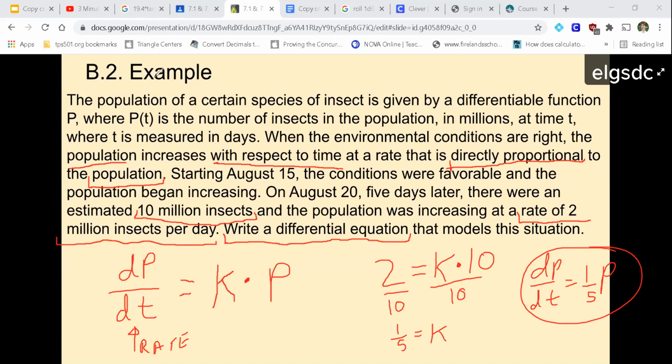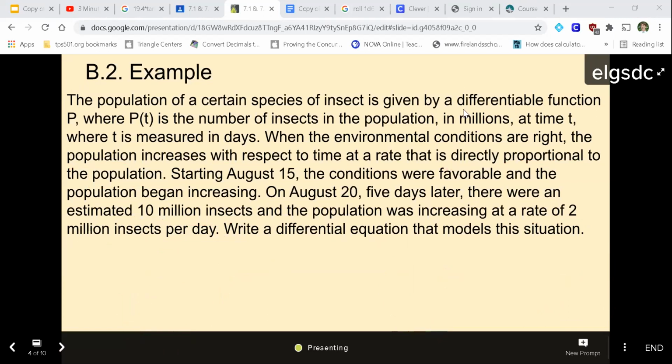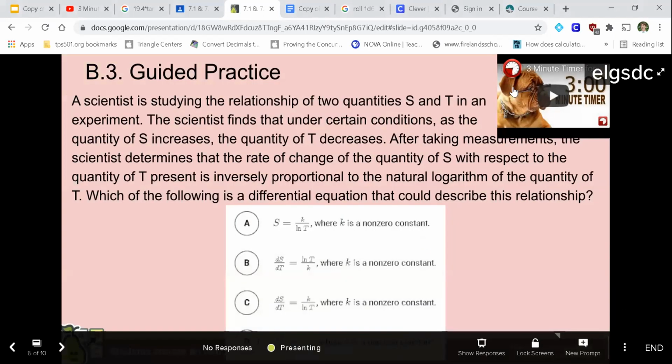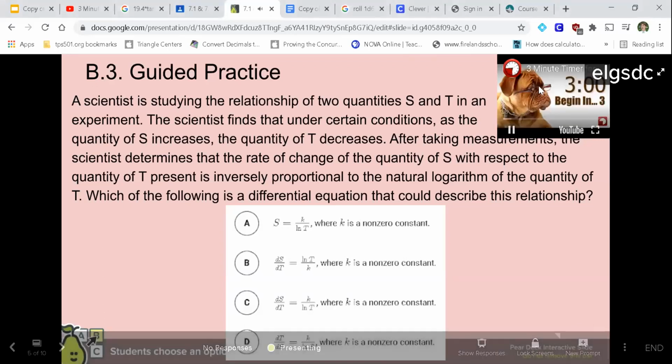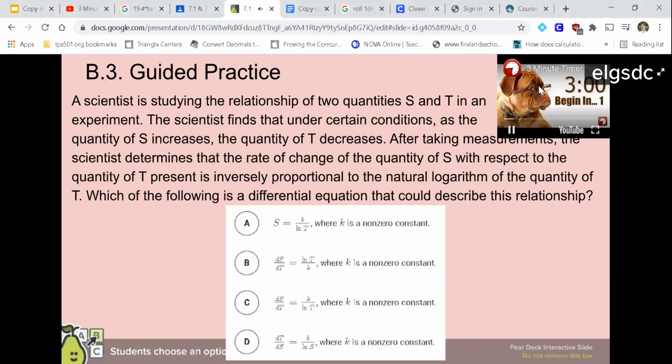All right, let's look at another. Let's do this one. Do we do this one together? I'll give you a chance to do it on your own. I'll give you 3 minutes to try this one and then we'll go over it.